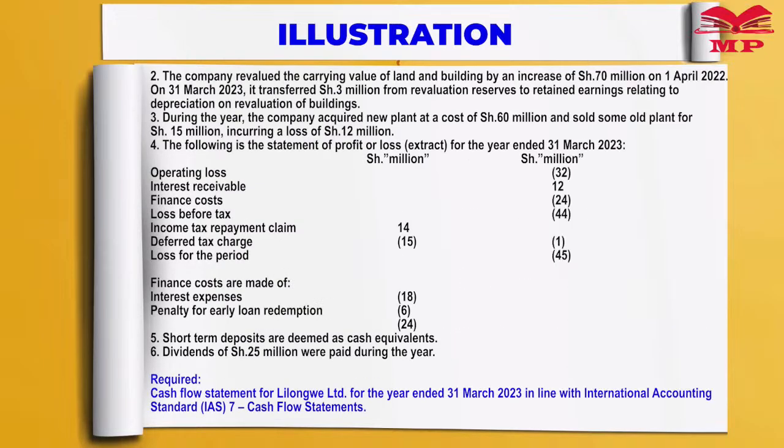And then what are we required in our question here? We are required to prepare a statement of cash flows for Rilongwe Limited for the year which ended 31st of March 2023 in line with International Accounting Standard number 7, which governs the presentation of the statement of cash flow. Now, first of all, the examiner had not specified which method you should use in preparing that statement of cash flows.